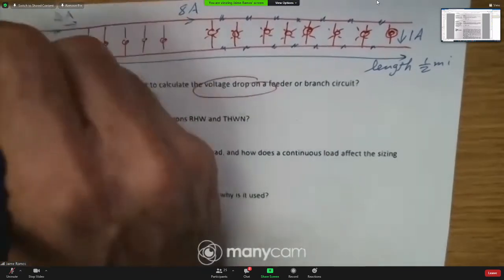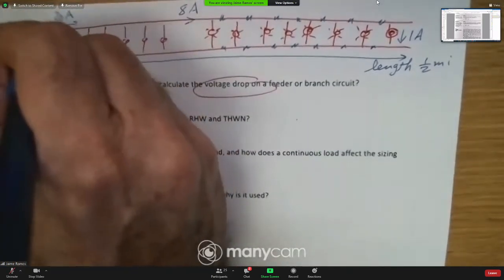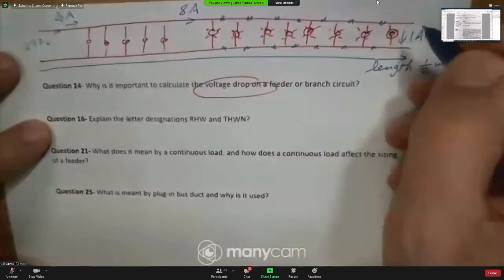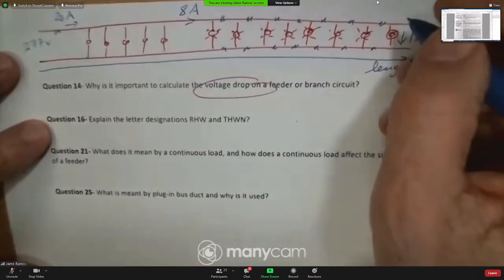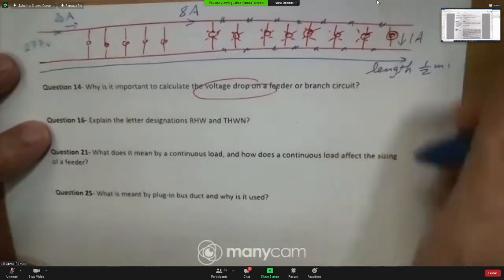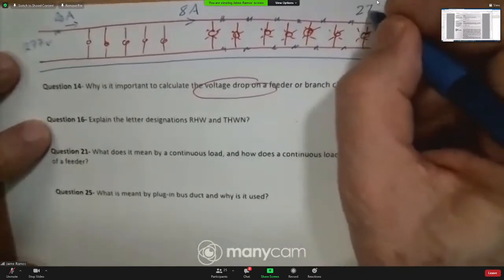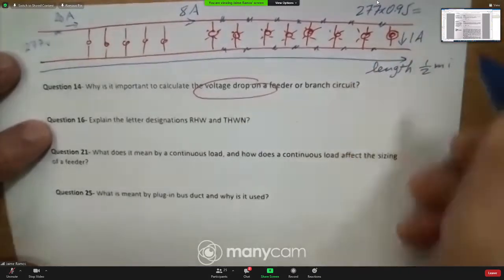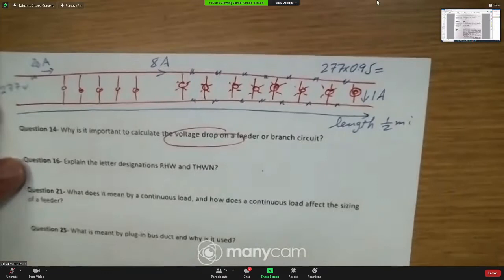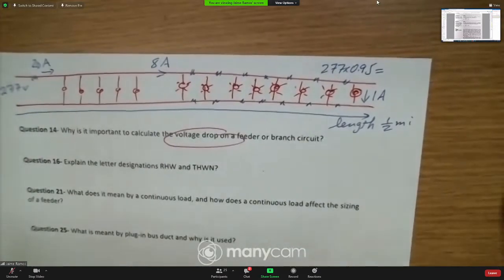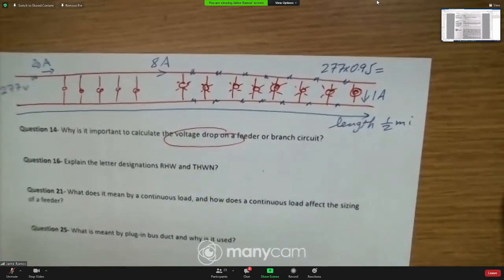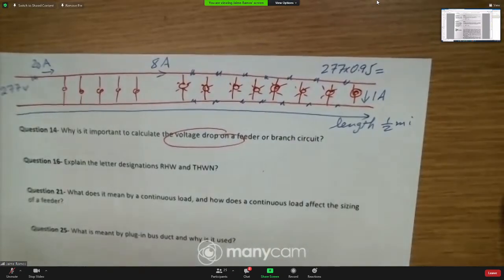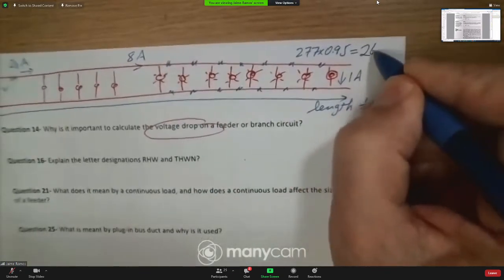So if you start here with perhaps 277 volts, you need to end here 5% less. 277 times 0.95. No more than 5%. That's the rule. So what is that? 263 volts.